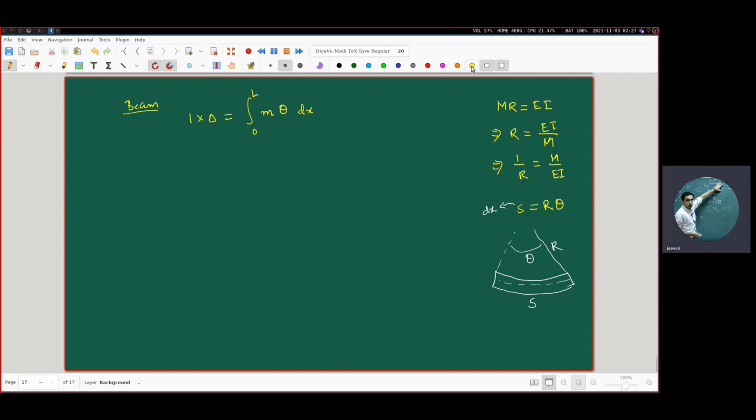We basically have theta equal to S by R, and this 1 by R is nothing but M by EI. So for the 1 by R we have M by EI, and for the S, this is dx. So this expression becomes small m times M dx divided by EI.